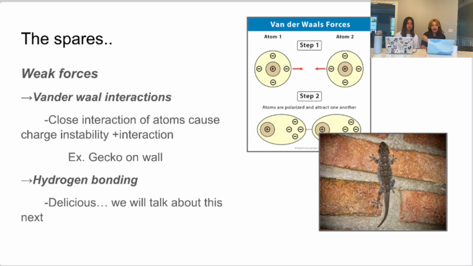And basically this allows for very weak interactions between these atoms, and hence geckos or spiders and insects can walk on walls, whereas we can't because we're too big.